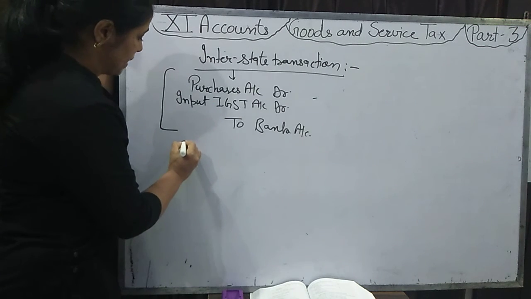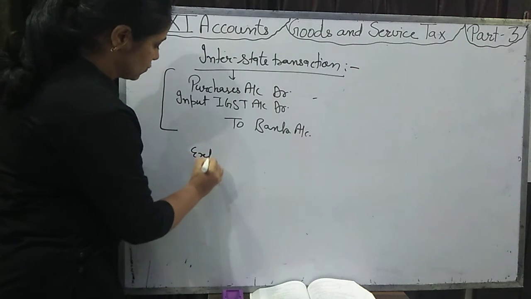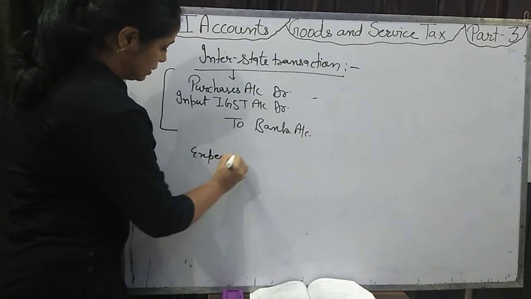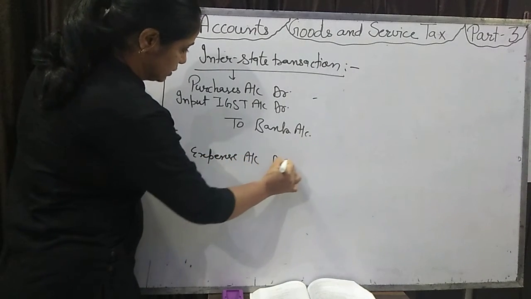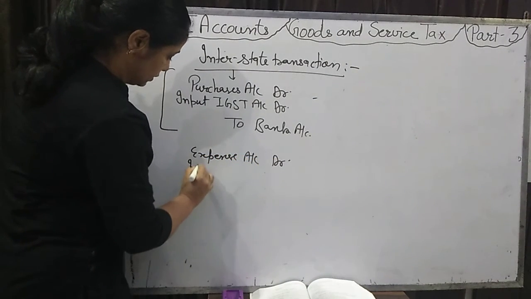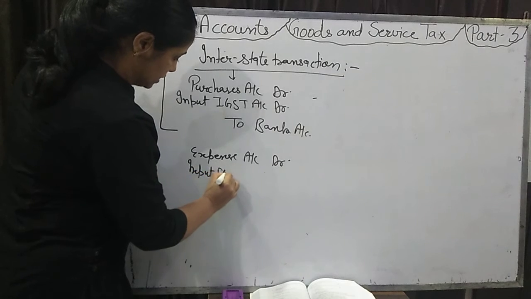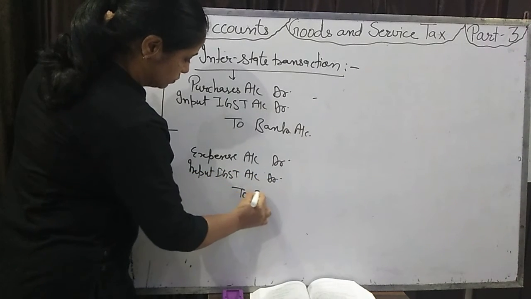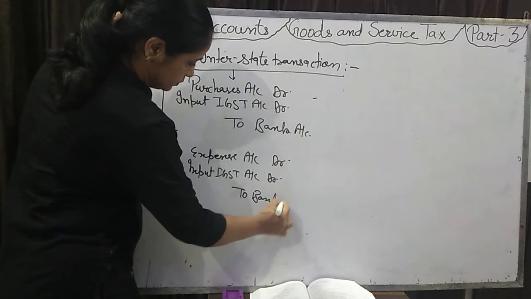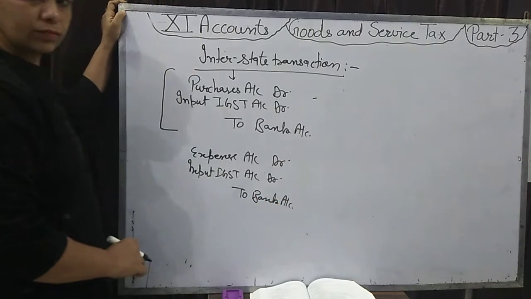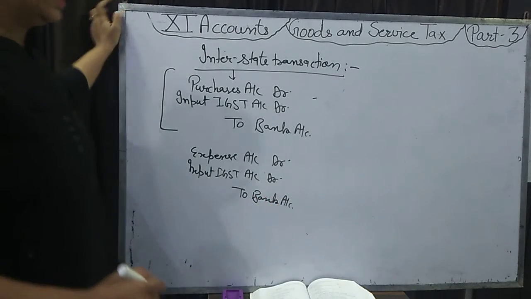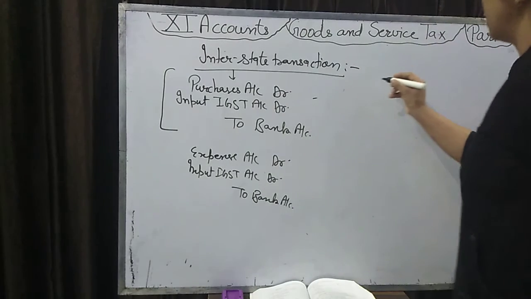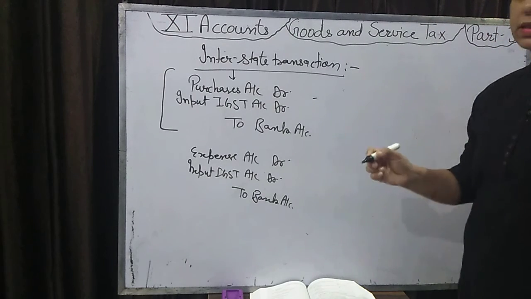Like that, if we pay any expense, then expense account debit, input IGST account debit, to bank account. And in the entry of sale, which entry will we pass? Maybe it is a credit sale.